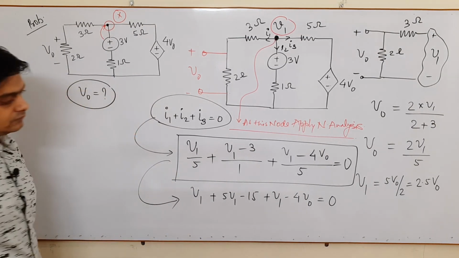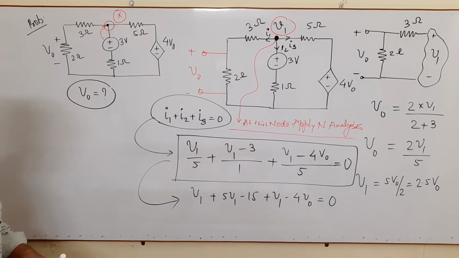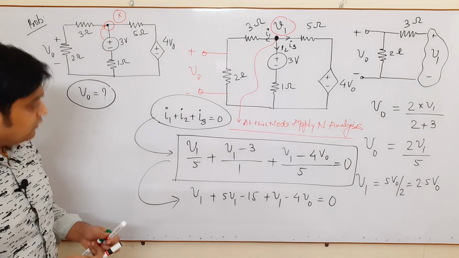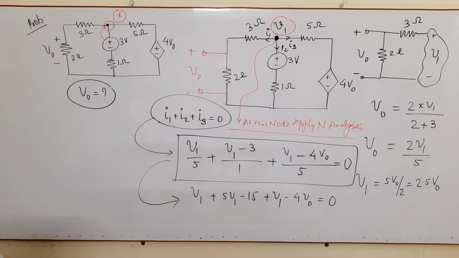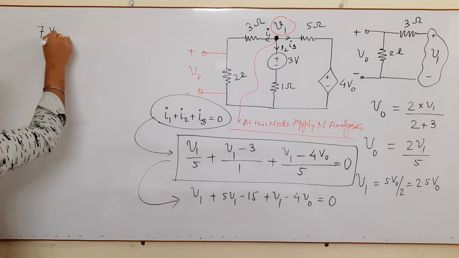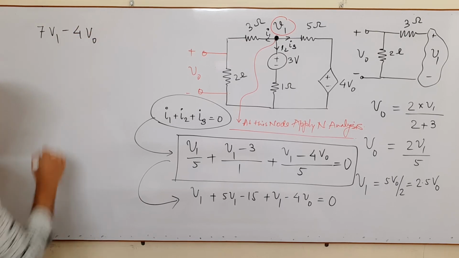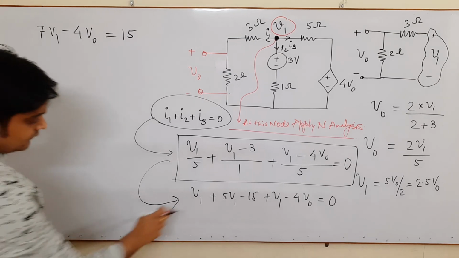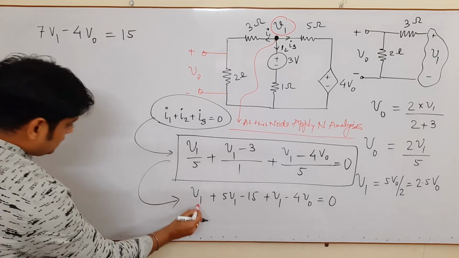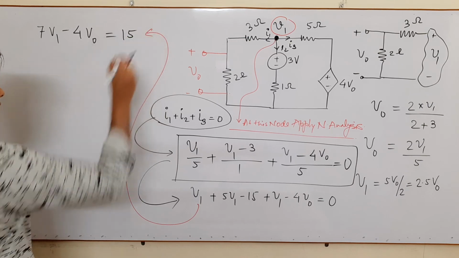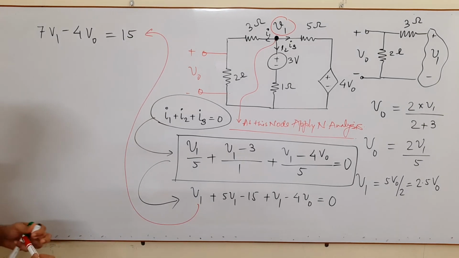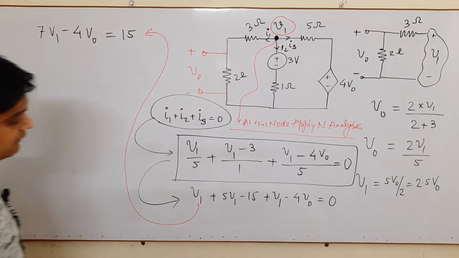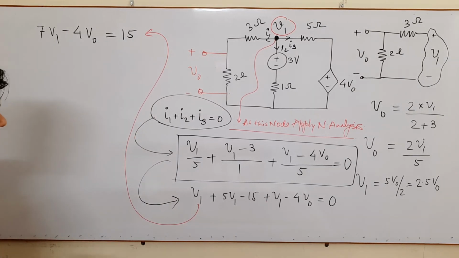Moving the constant across, please see the direction of the arrow properly. 5 plus 1 is 6, plus 1 is 7, so 7V1 minus 4V0 is equal to 15.